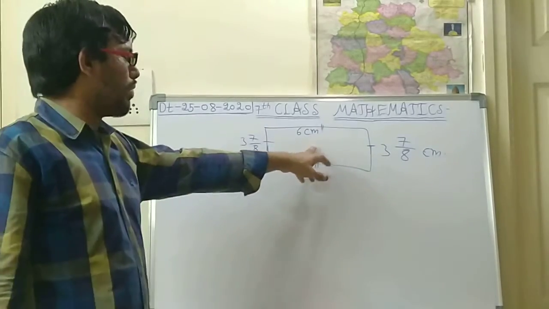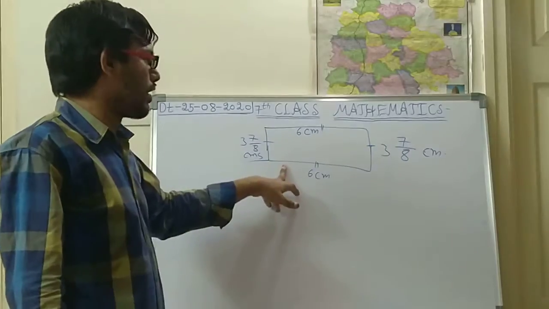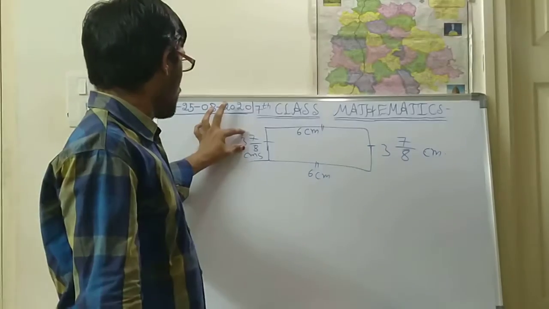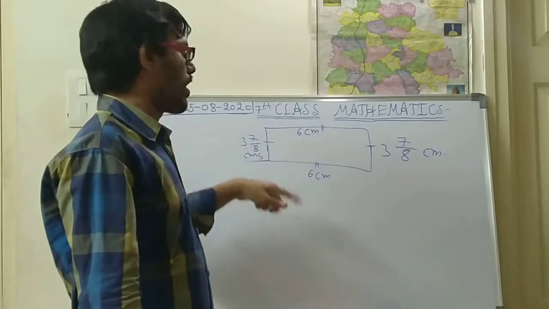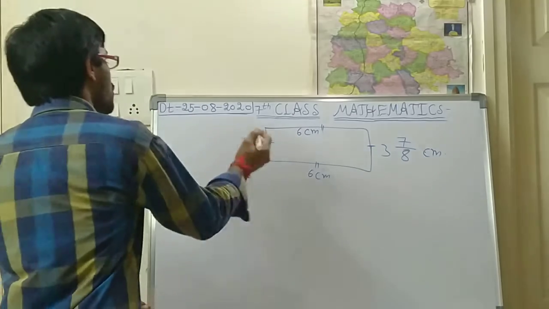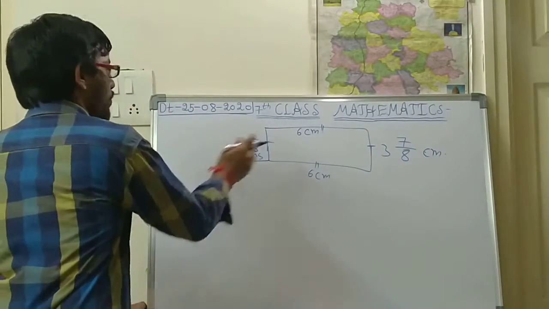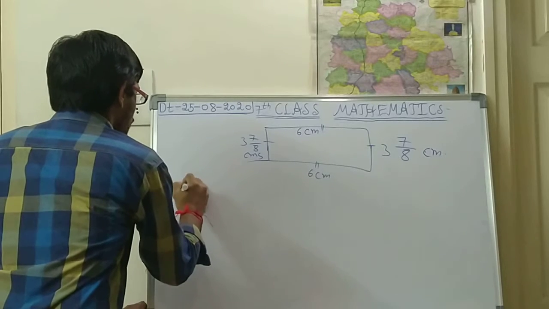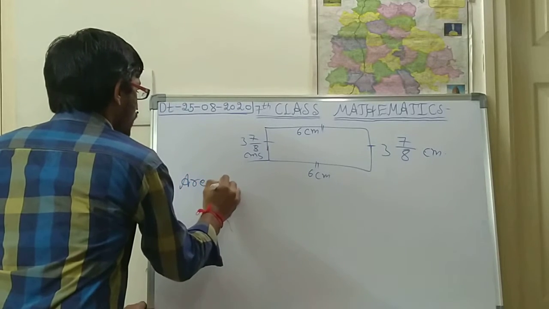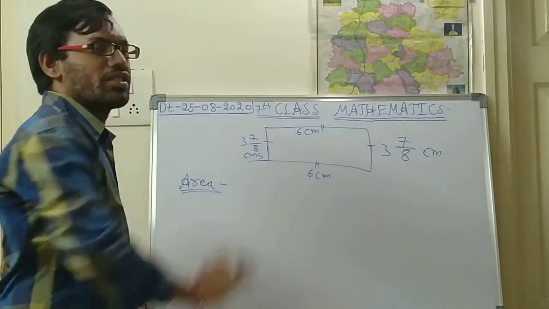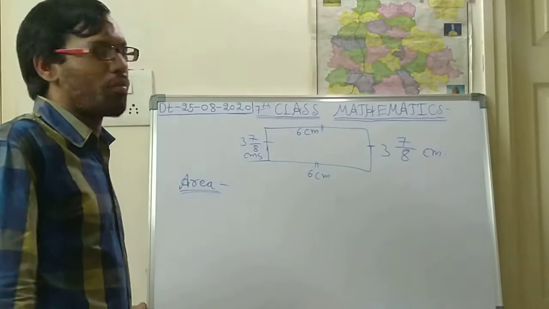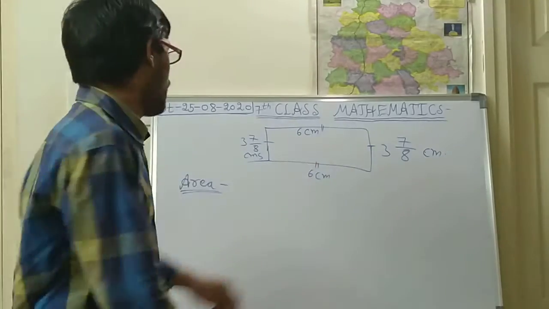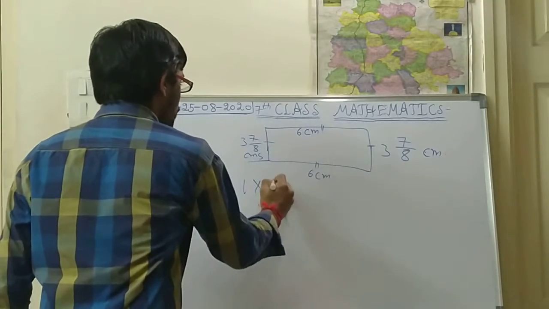Here you can see one is a mixed fraction. Suppose he wants to find the area of this rectangle. I think you know the formula: area of rectangle is length into breadth.